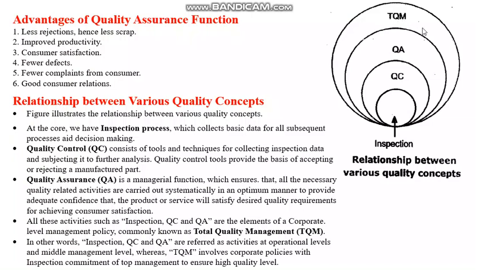So TQM contains quality assurance, which contains quality control, which contains inspection. This is a wider concept than quality assurance. So now we are trying to compare quality control, QC, with TQM.